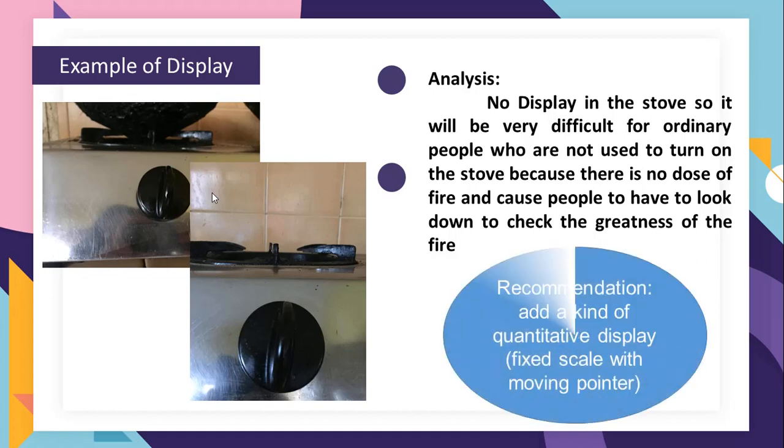So, my recommendation for the stove design is to add a kind of quantitative display, as we know that one of the quantitative display types is fixed scale with moving pointer. So ordinary people can see the size of the fire by the number shown above the control.